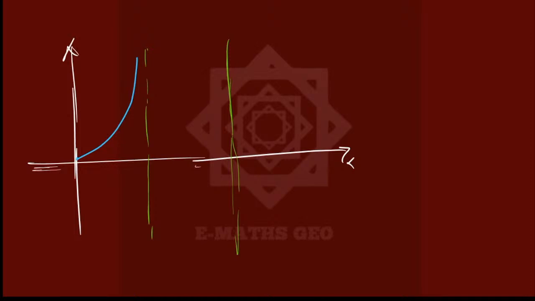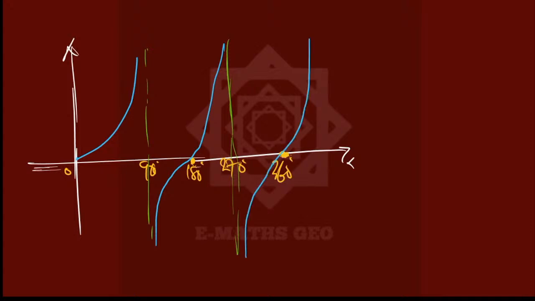At 0, tan is 0. At 180 it is also 0. At 360 it is also 0. 270 is a vertical asymptote. So it will go this way. So that's how it will look like.